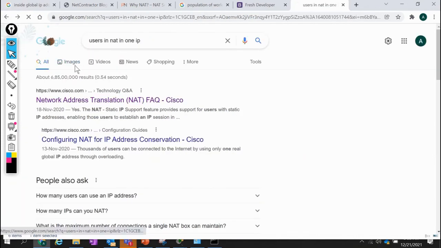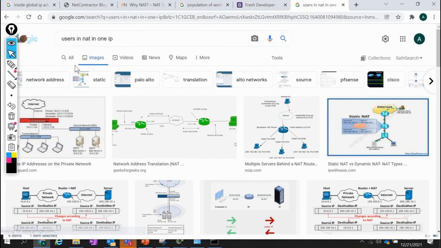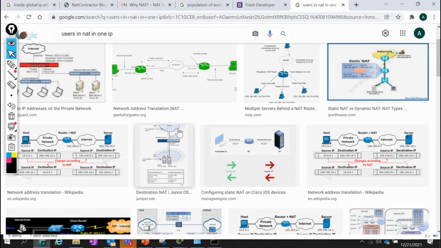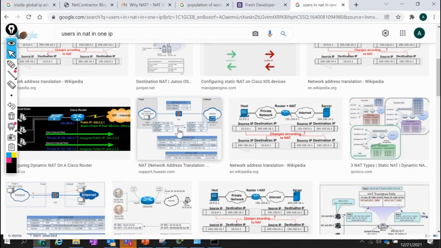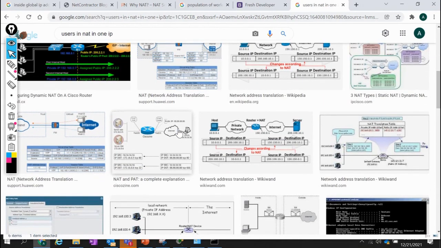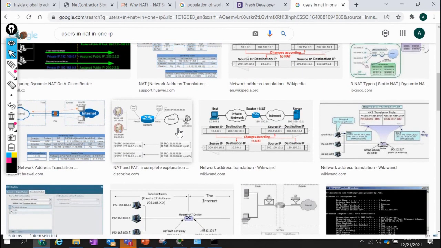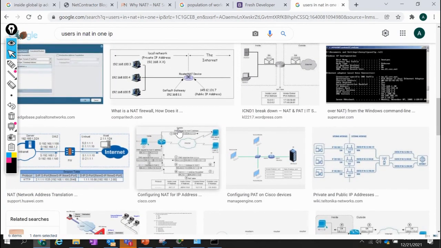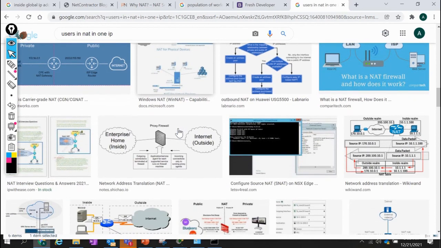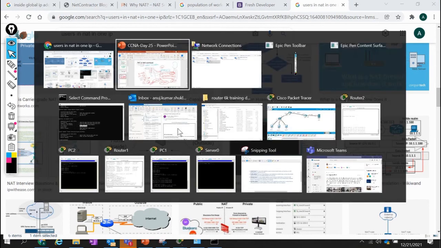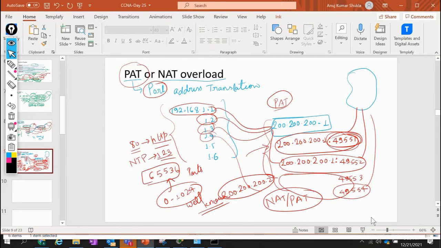Let me sort out the images, that may help us. Okay, I'm not getting it here. Anyways, I will have a look and tell you.